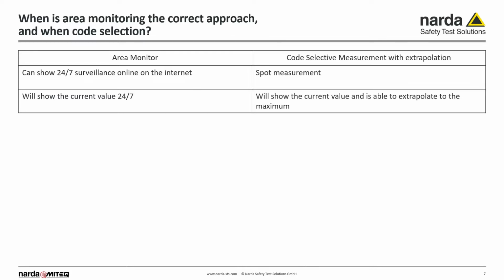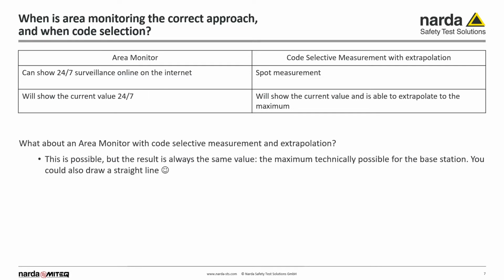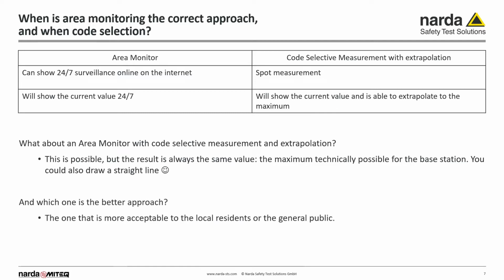A code selective measurement with extrapolation is made at only one particular time, but can compute the maximum possible value. Of course, the result can also be published on the internet, but a graph versus time is hardly useful, as the measured value will just be a straight line. The only question is which approach is the best. Well, that's the one that is most acceptable for the general public or for the local residents.